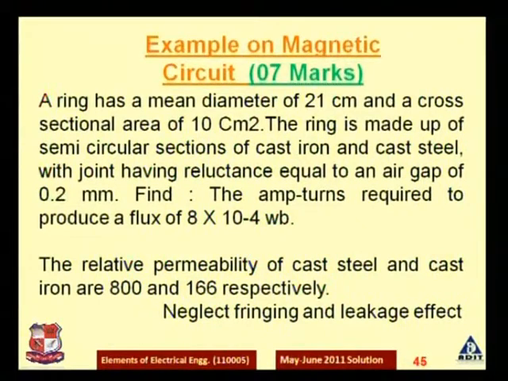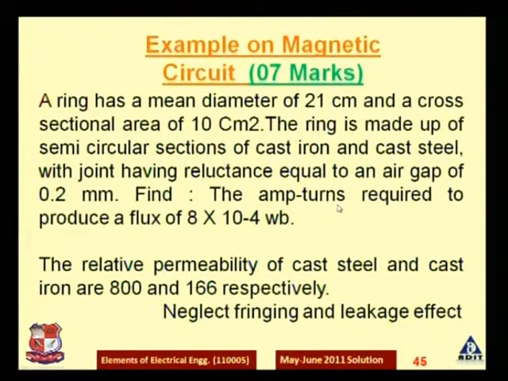The ring is made up of semicircular sections of cast iron and cast steel material, and it is joined having a reluctance equal to an air gap of 0.2 mm. So you can visualize a ring with a diameter of 21 centimeter. You can hold it in your hand also. It is not a bulky ring, it is a small ring with an air gap of 0.2 mm only, and the materials are cast iron and cast steel.